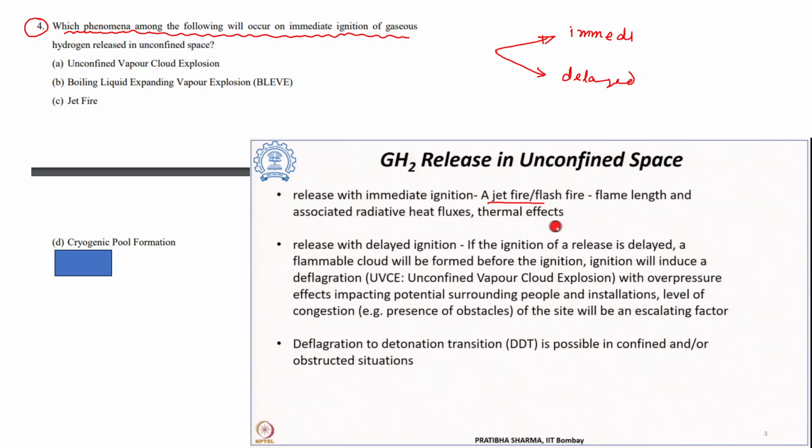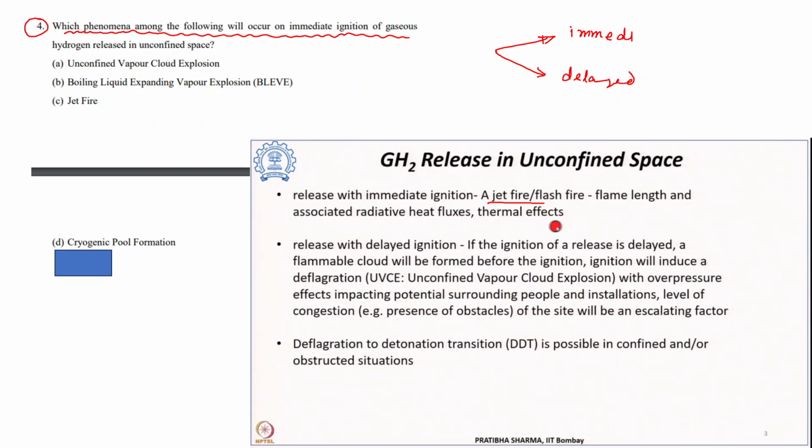But here I am asking that immediate ignition means the hydrogen is releasing from the hydrogen tank, and you are putting one match fire inside the hydrogen, immediately putting fire on that release of hydrogen. It will create a jet. Why? My question is that.